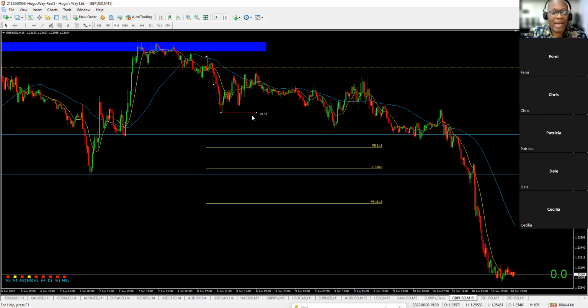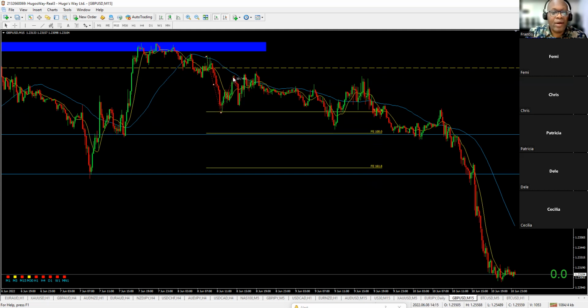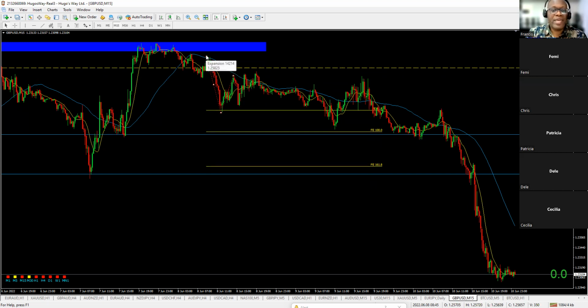We can move it about, but what you want to do is move it to where it pulled back to. So from here, the price dropped down here, and it pulled back to here. You can then double click on it to disable the handle, so you don't mistakenly move it.